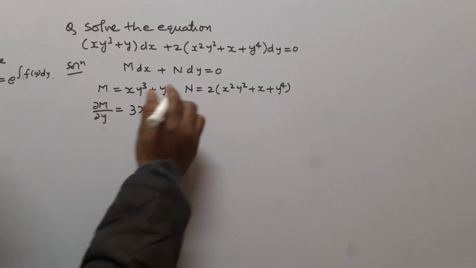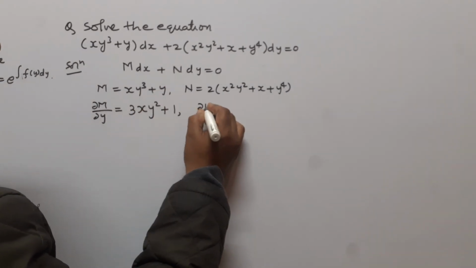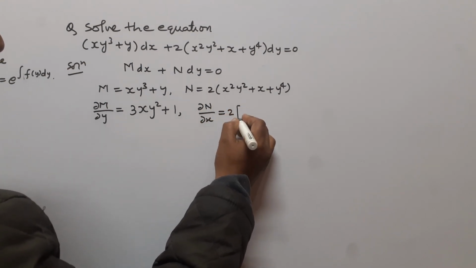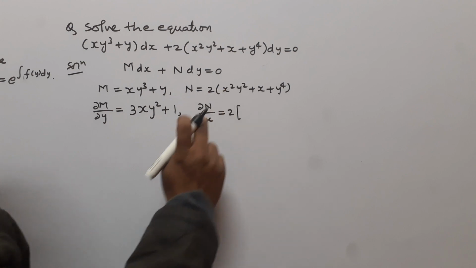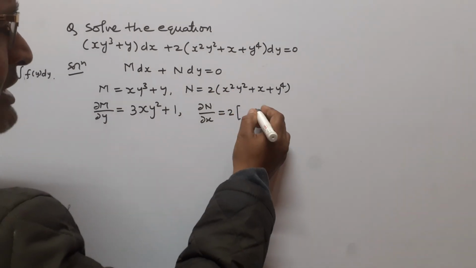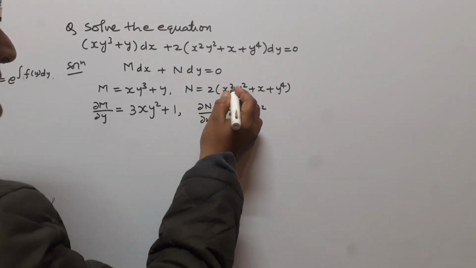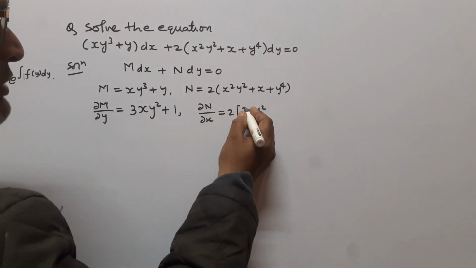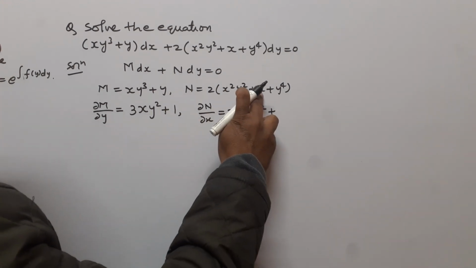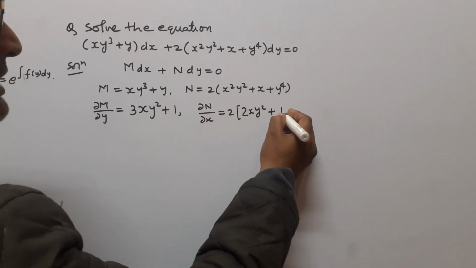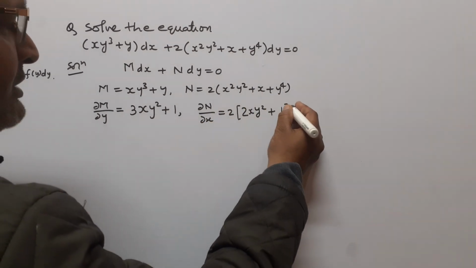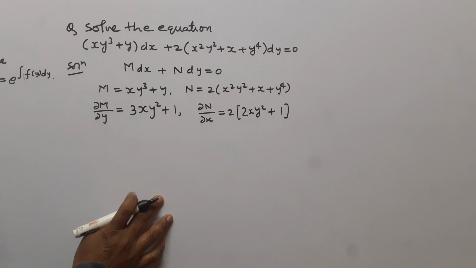Now we differentiate N partially with respect to x. Here 2 is constant, y² is constant, and differentiation of x² with respect to x is 2x, plus differentiation of x with respect to x is 1, and differentiation of y⁴ with respect to x is 0 because we differentiate partially.